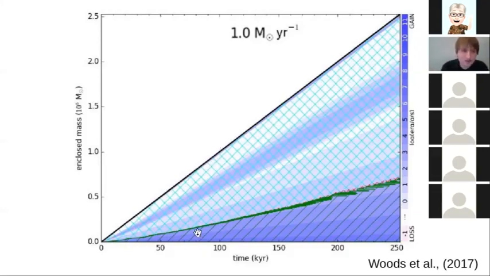And sitting on top of that is the ever expanding, rapidly accreting, never fully thermally relaxed, inflated envelope. This ends up being a significant fraction of the mass of the star. The purple shading here is just nuclear burning.